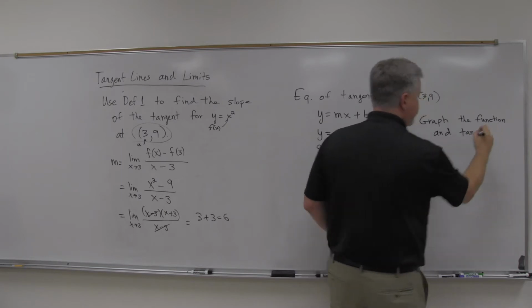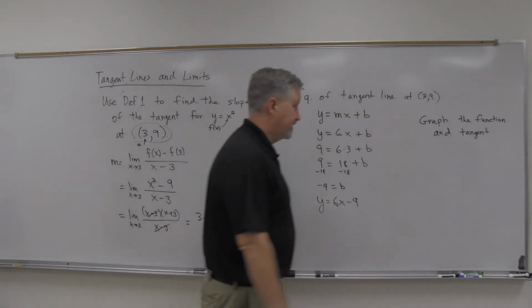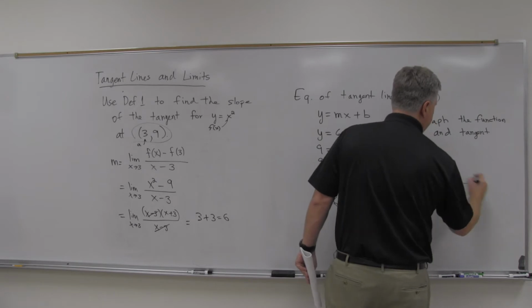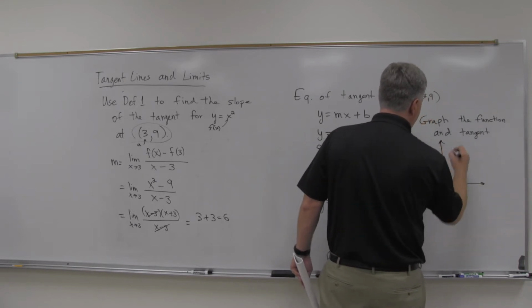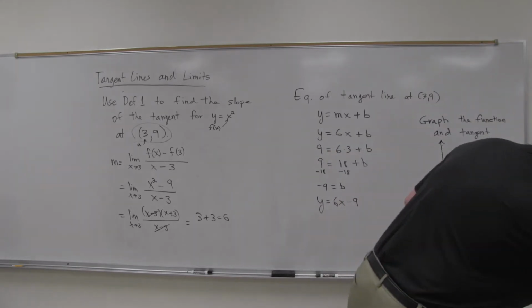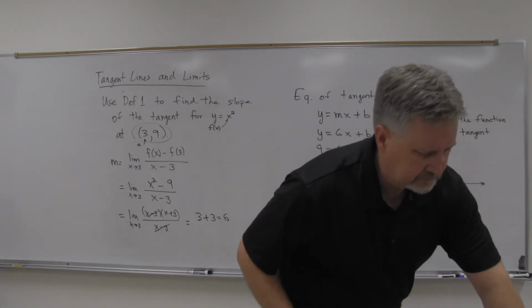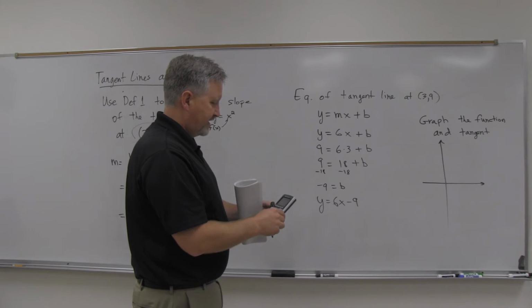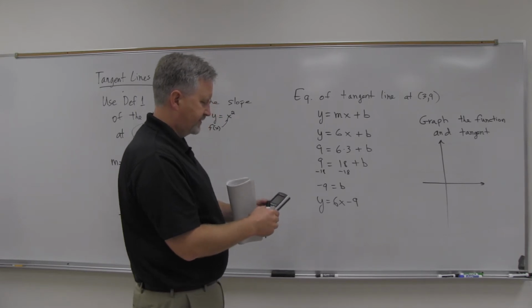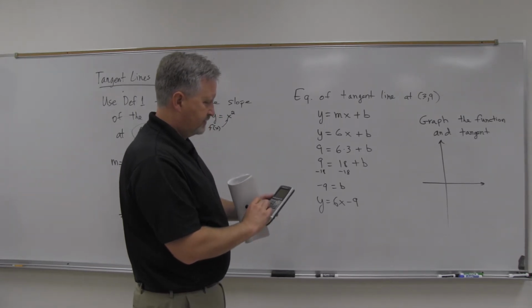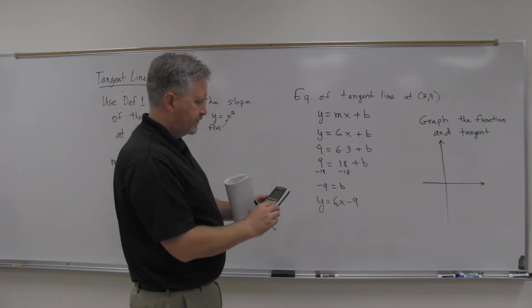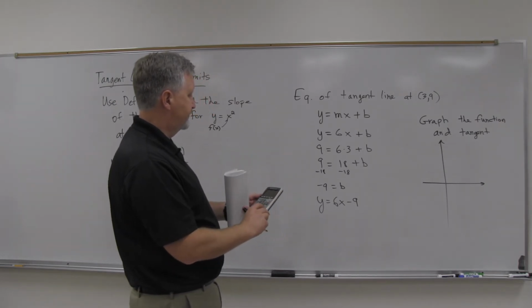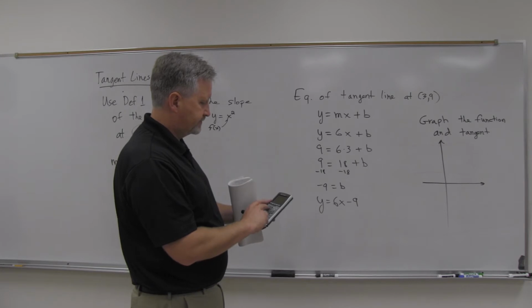I wanted to make one other big point about this. I think it may not be the best one to graph on our calculators here, but it's okay. It'll work. X squared, you know what that looks like, and then 6x minus 9, just a line.